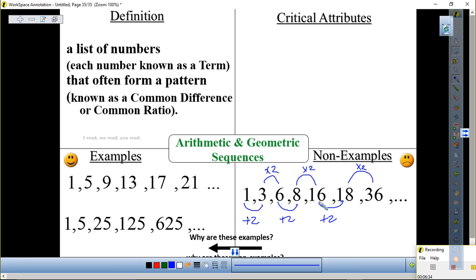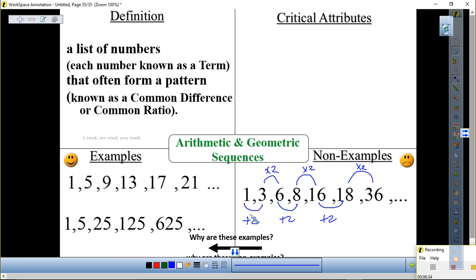Melanie, help her out. Sebastian. Because an arithmetic and geometric sequence only has one pattern, because in the definition it says equals a pattern, which means one, and in the non-example, it does 2 patterns. Bam! Did everybody hear that?